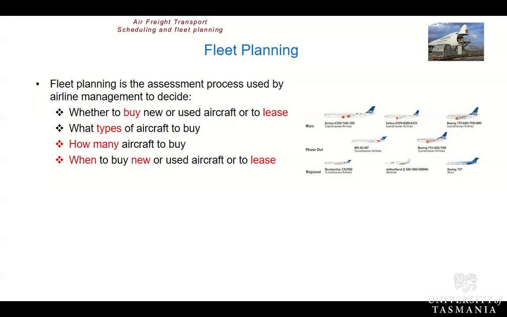And it's a timing issue. So, I would imagine that many air cargo airlines at the moment would be probably putting on hold the idea of buying new and used aircraft and bringing them into their fleet now, mainly to do with the economic environment that we're dealing with.